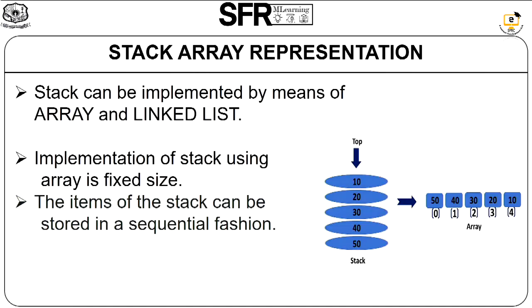Next we are going to see the representation of stack. A stack can be represented in two ways: one is array and another one is linked list. In array representation, the stack has a fixed size, and the items of the stack are stored in a sequential fashion.